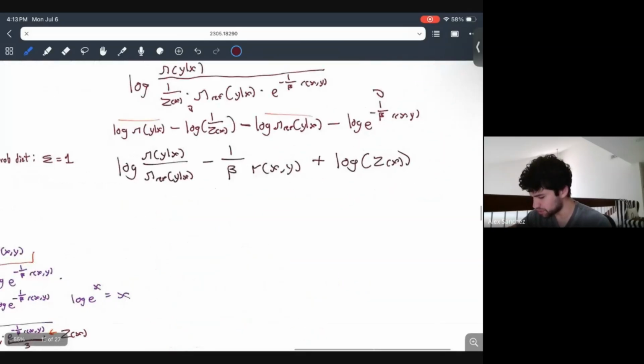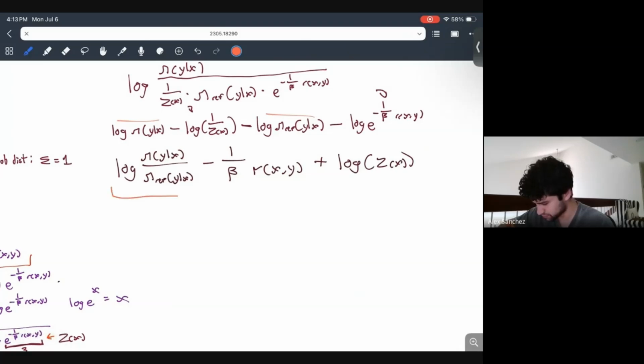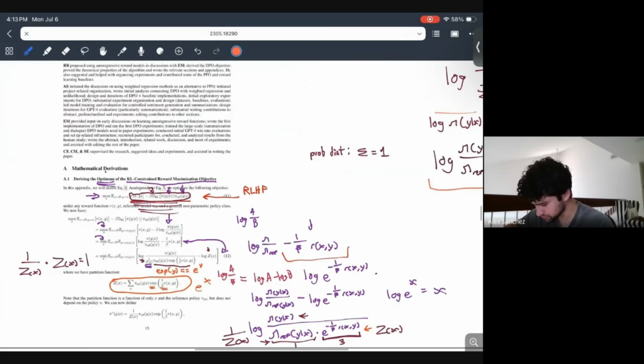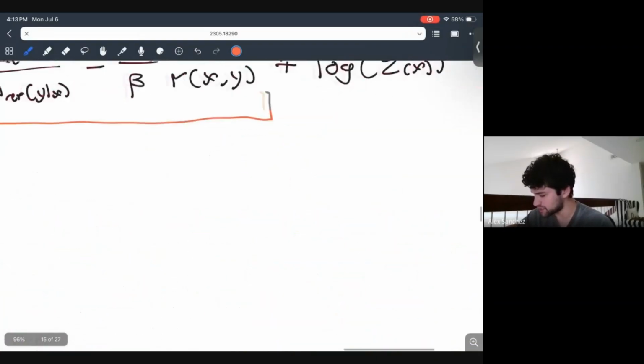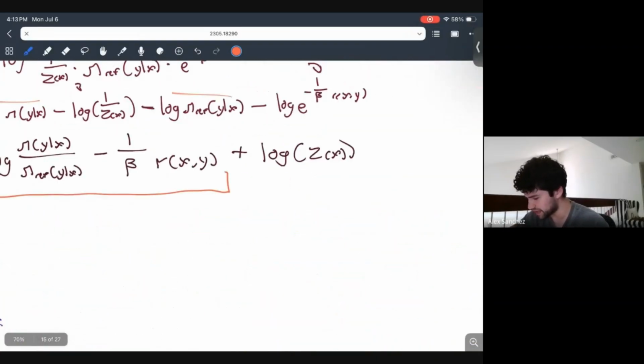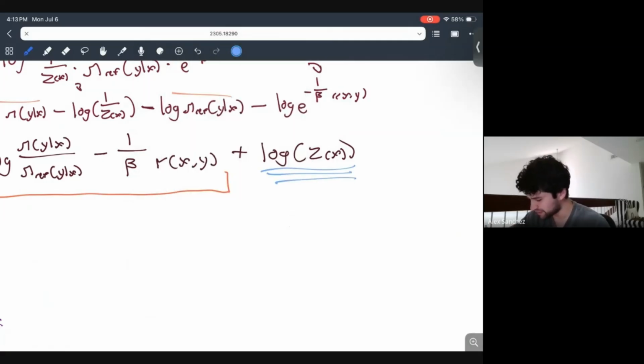So this part is this, right? But now we have an additional logarithm of z of x factor. We'll put this in icy blue. We have this extra bit.